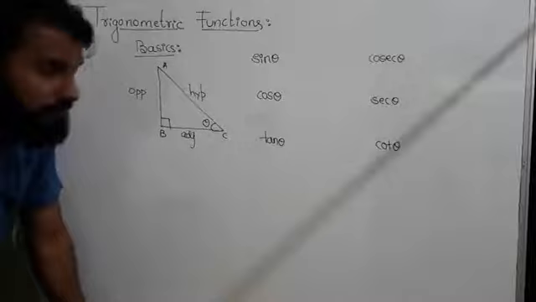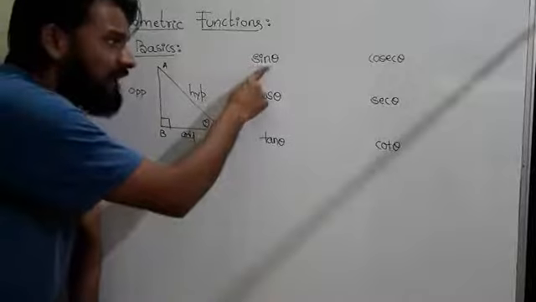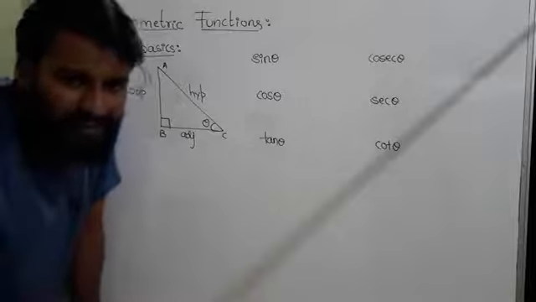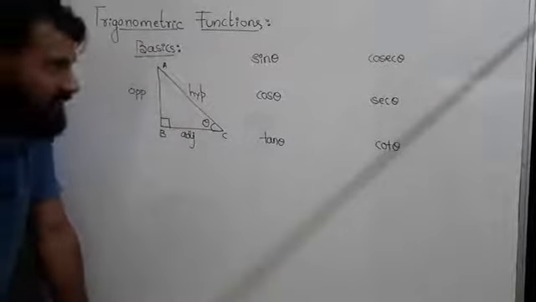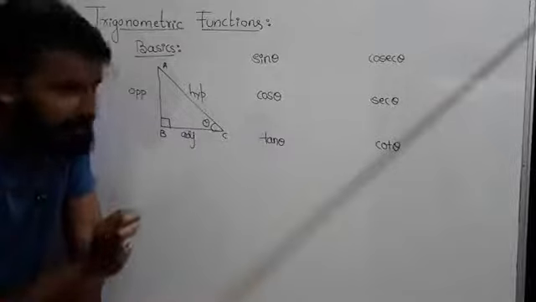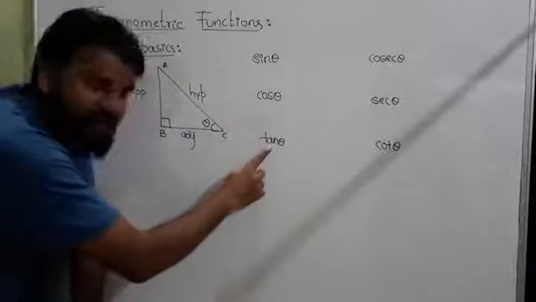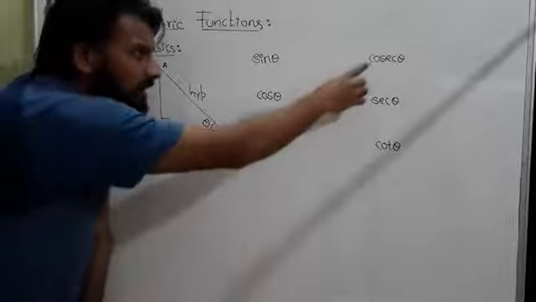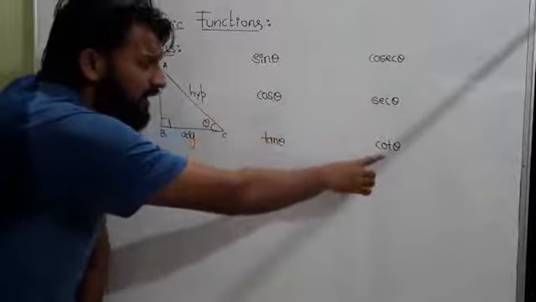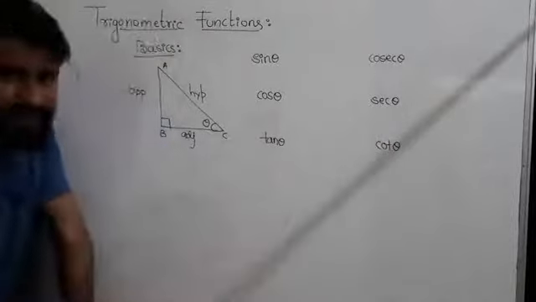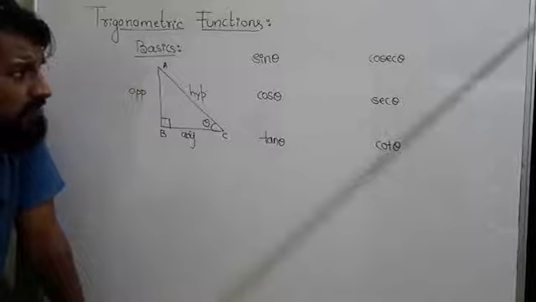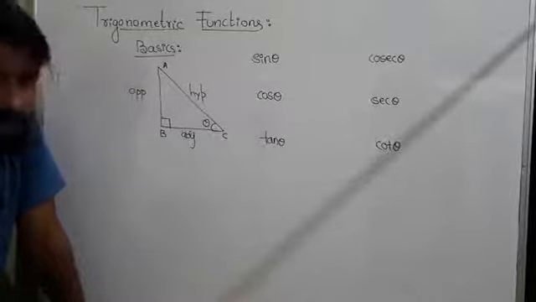Sine stands for SINE actually, but we omit that E and we just write sin theta. Similarly, this is cosecant, and this is tangent. This is cosecant, this is secant, and this is cotangent. So these are the 6 trigonometric functions we have.